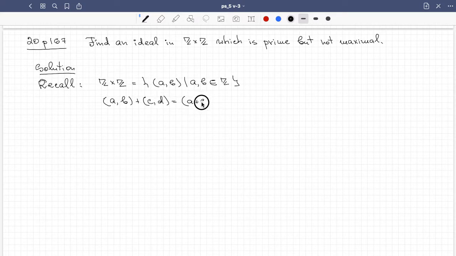(A, B) plus (C, D) is (A plus C, B plus D), and (A, B) times (C, D) is (AC, BD).